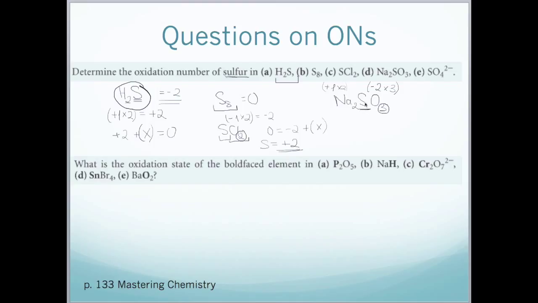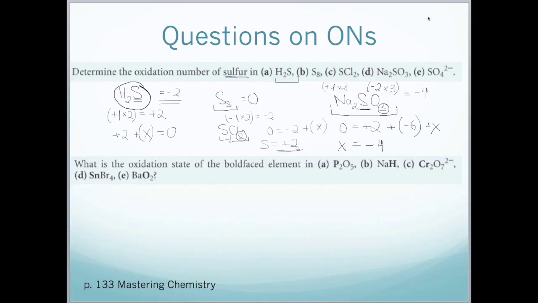So to find the oxidation number of sulfur, again, this compound is neutral, therefore 0 equals +2 for sodium, plus -6 for oxygen, plus X for sulfur. When we rearrange this equation to make X the subject, we get -4. Therefore, in this case, the oxidation number of sulfur is -4.